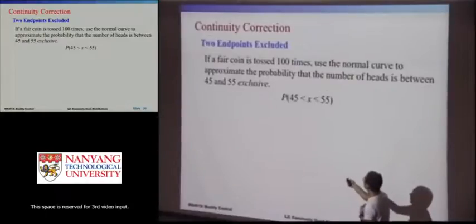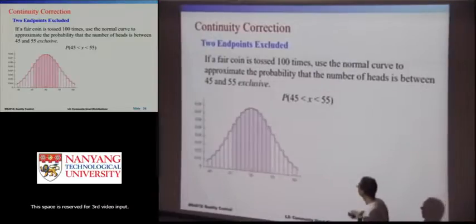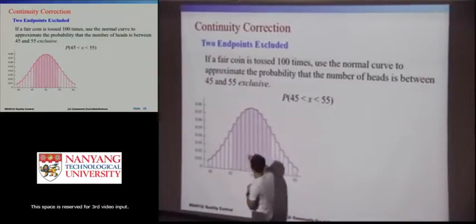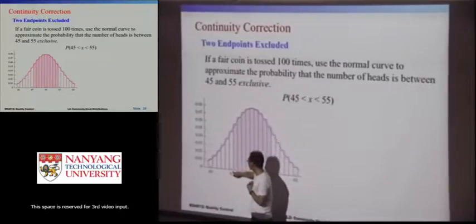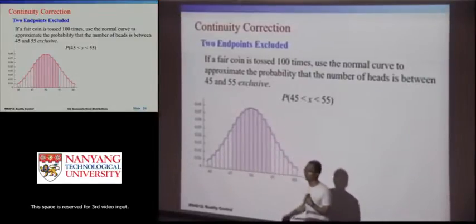If exclusive, basically we remove the equal sign and just keep the less-than sign. In this case, we remove this bar and we also remove this bar. This time, the normal distribution should start from 45 or 45.5? 45.5, right? It should end at 54.5.